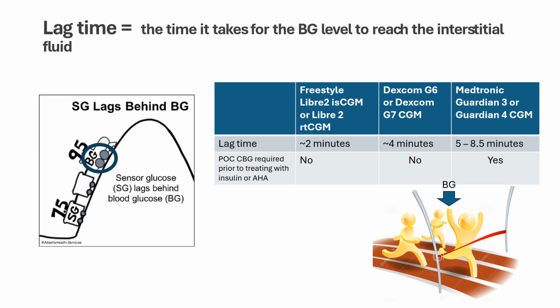If it's changing quickly, the sensor glucose could lag behind by up to a couple of millimoles. So it's not that it's not accurate, it's that it just takes a few more minutes for it to reach the blood glucose. So the best time, if you ever want to compare glucose levels, is when the glucose is not rising or falling quickly, when it's in a more stable state.